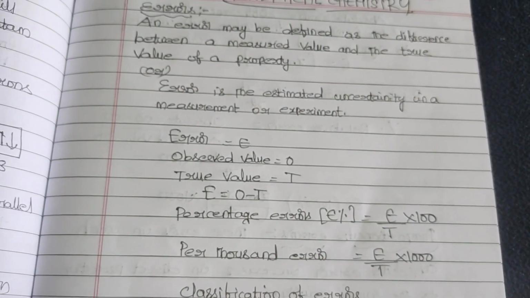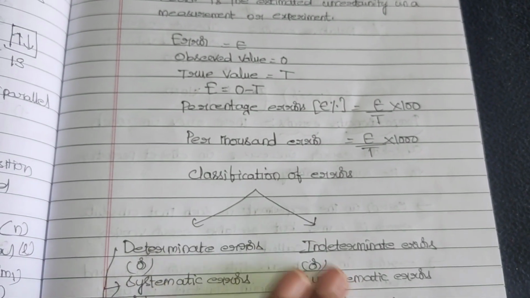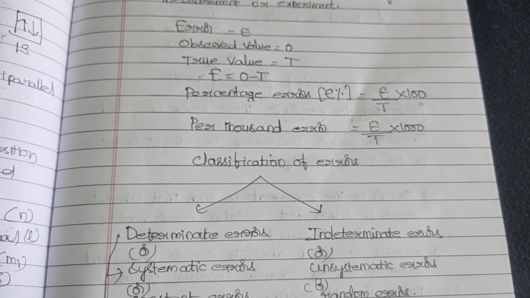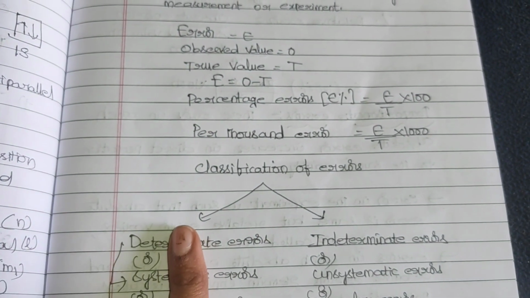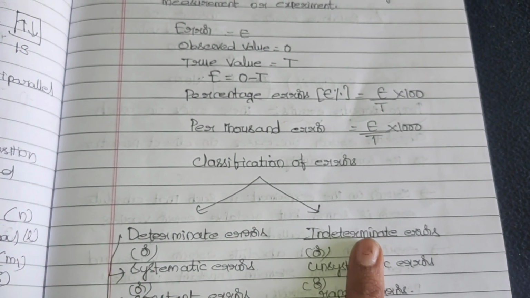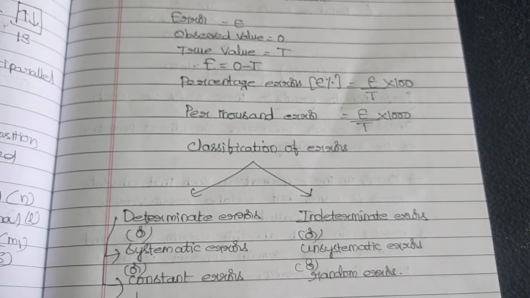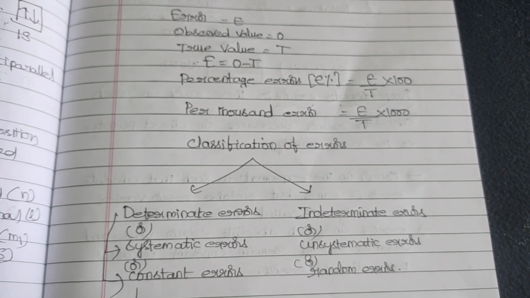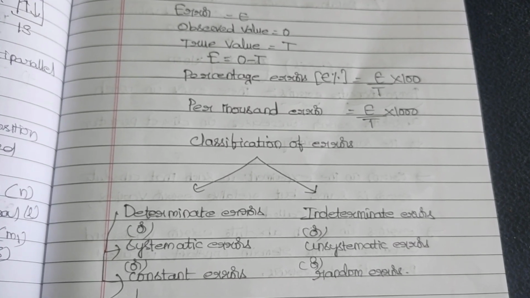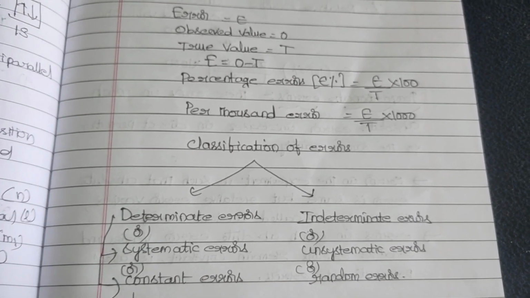So there are different types of errors, and there is a classification of errors. Errors are of two types: determinate errors and indeterminate errors. Determinate errors have a definite value, and we also know the cause, why the error is occurring, and we can correct it.